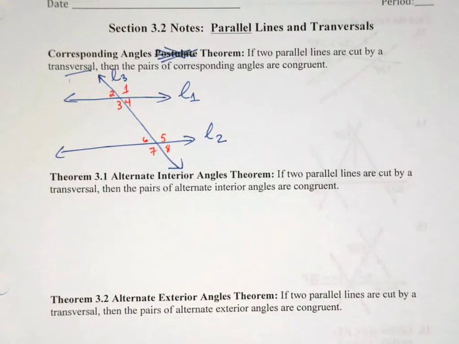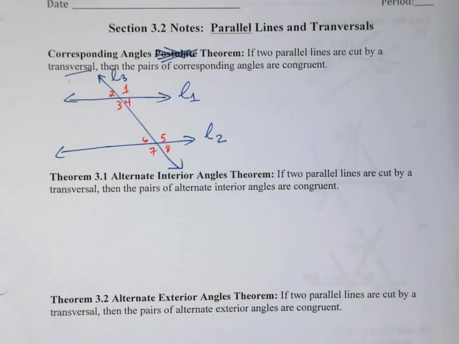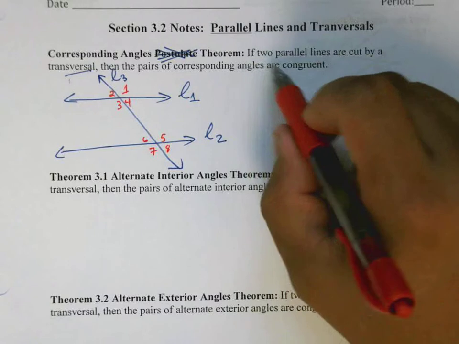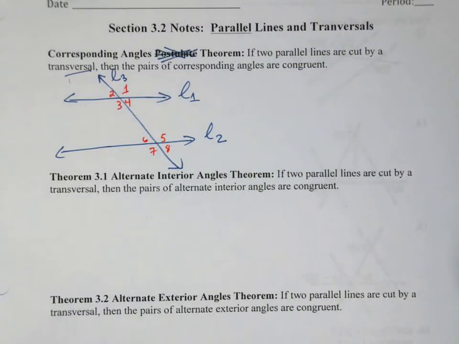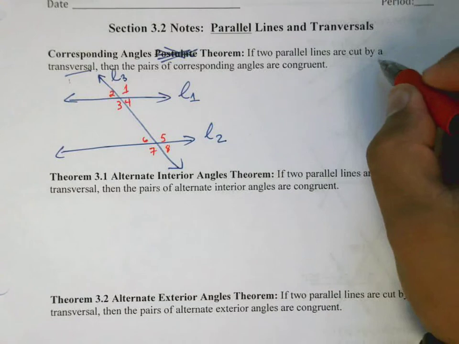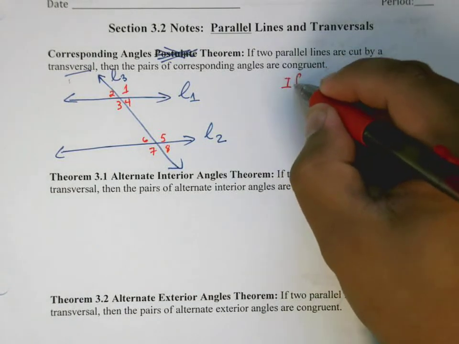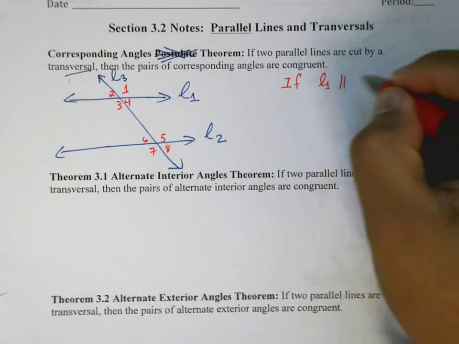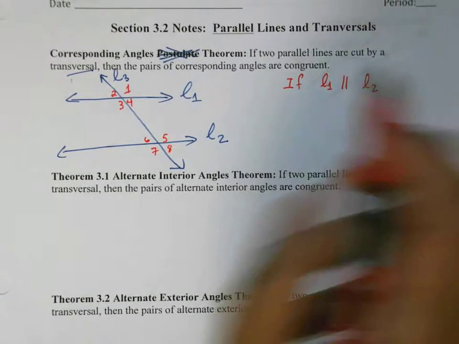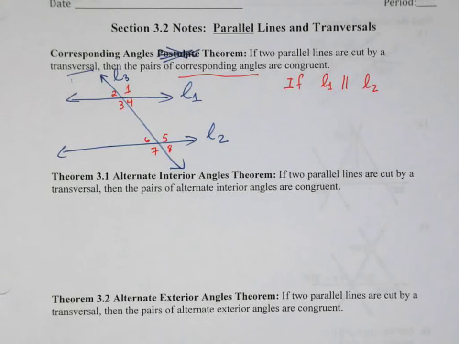And when we work with a theorem or a postulate, we try to express the text in symbolic mathematical notation. So if two lines are parallel and they're cut by a transversal, this basically says if L1 is parallel to L2, then the pairs of corresponding angles, and here's the key, is that you have to know what corresponding angles mean.